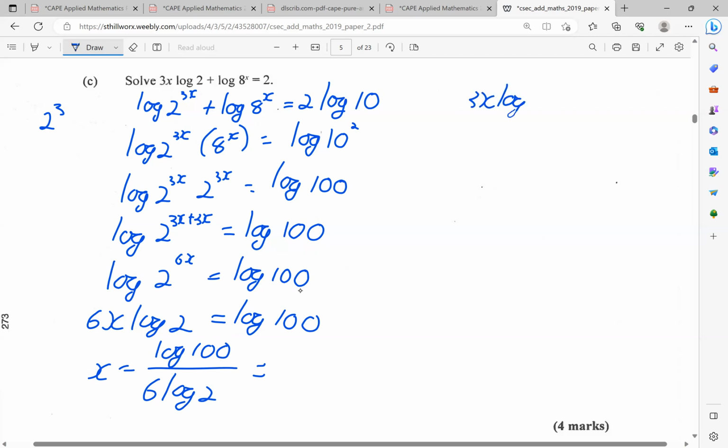3x log 2 plus, if I look here now, log of 2 to the 3x is 2. So I get 3x log 2 plus 3x log 2 is 2.